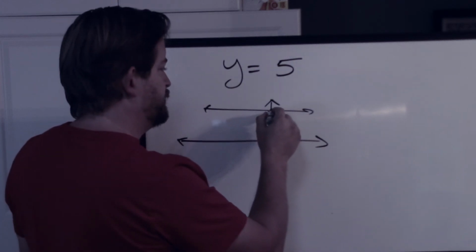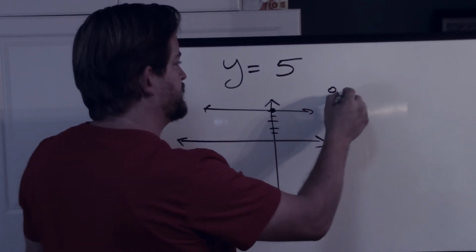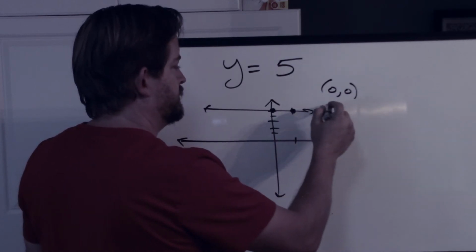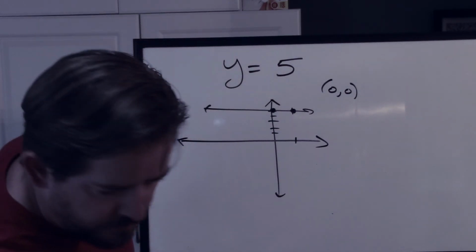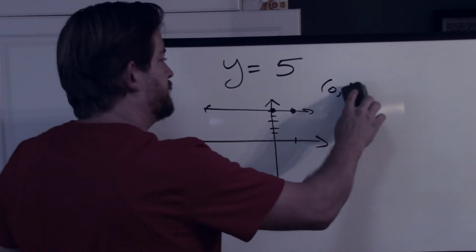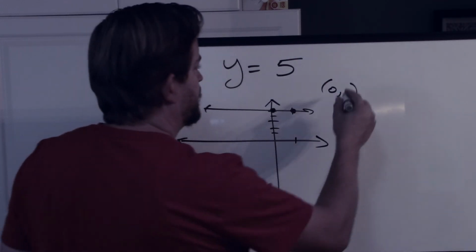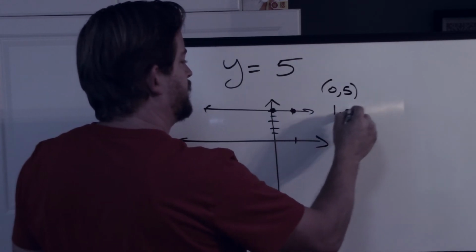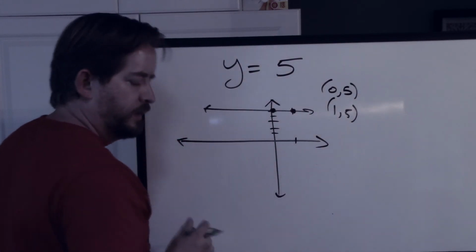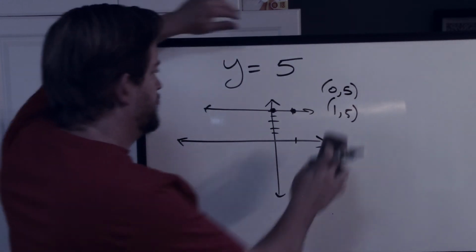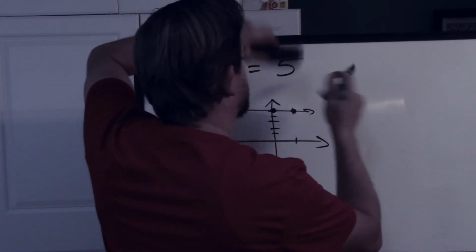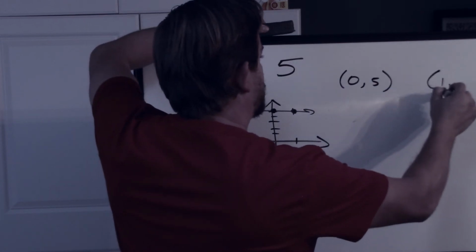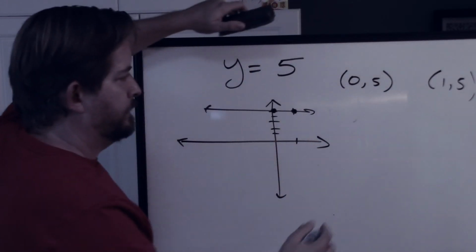So in fact, if I pick 2 points, I have this point right here, which is (0, 5). And then I have this point over here, let's say that's (1, 5), right? And if I write these right here, I have (0, 5) and (1, 5), okay?